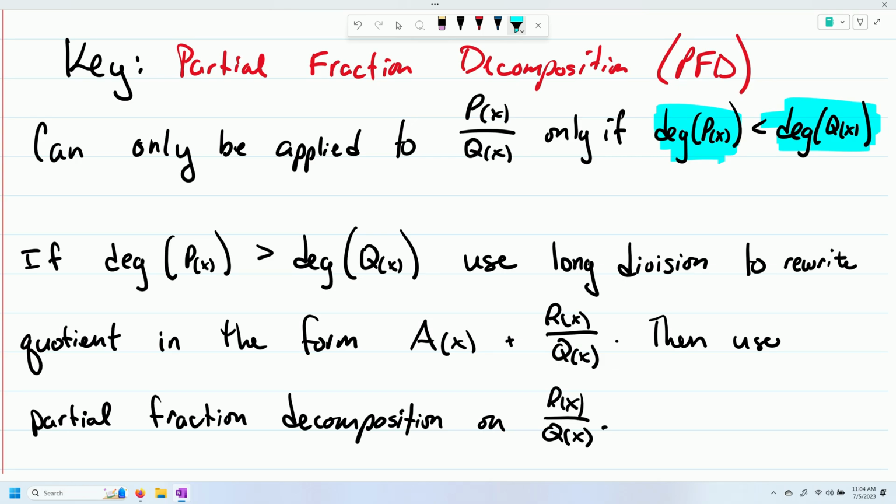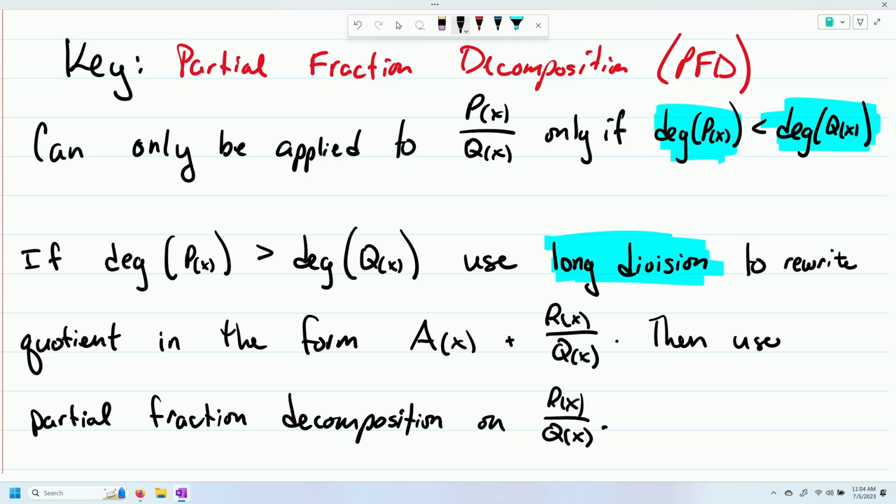If that is the case, you can use partial fraction decomposition, which I will show you how to do. On the other side, if the degree of P of x is greater than the degree of Q of x, you're going to have to use long division, just like back in algebra class, to rewrite the quotient in the form a of x, the quotient, plus r of x over q of x. Then you can use partial fraction decomposition on r of x over q of x, provided it needs it.